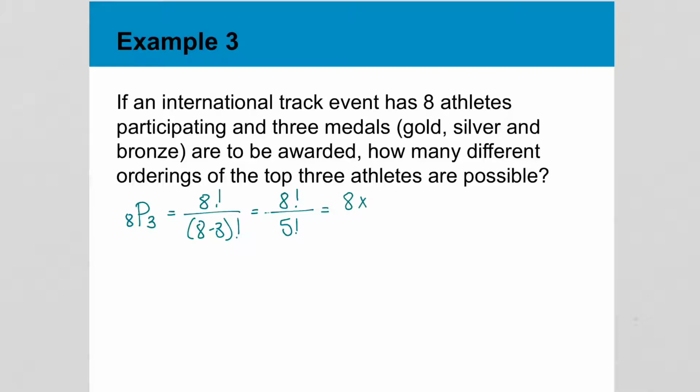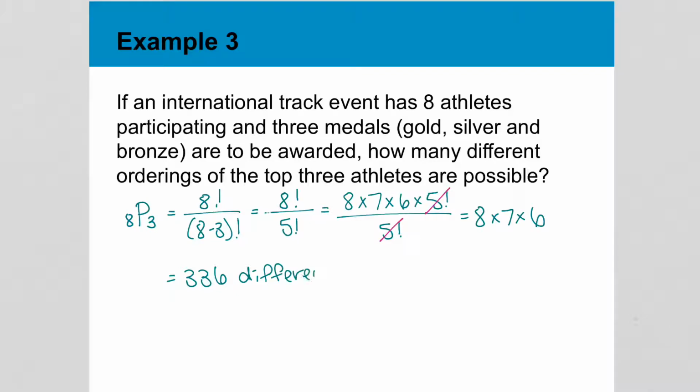So 8 times 7 times 6 times 5 factorial over 5 factorial. I stopped at 5 factorial because I know that's going to cancel out. So it's just 8 times 7 times 6, which is 336 different orderings of the top 3 athletes.